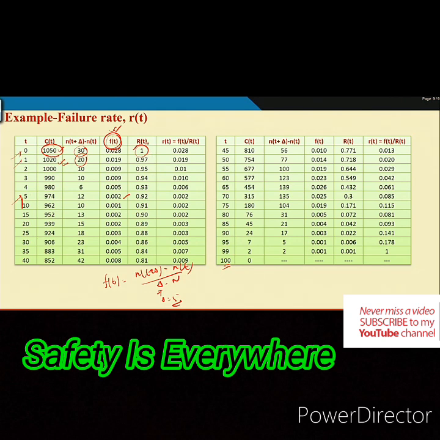Now, if I know R(t) and small f(t), you know the hazard rate, because the hazard rate is that density by reliability.